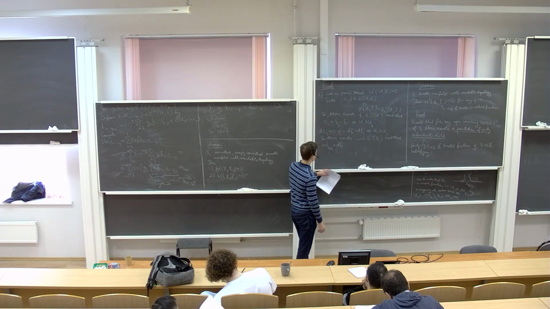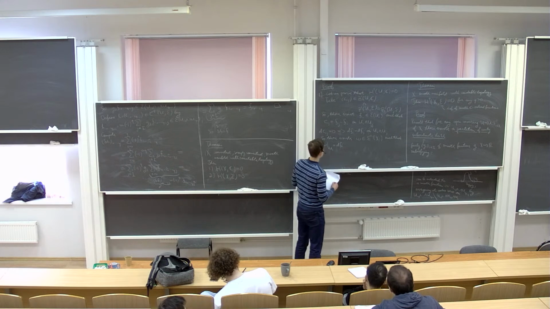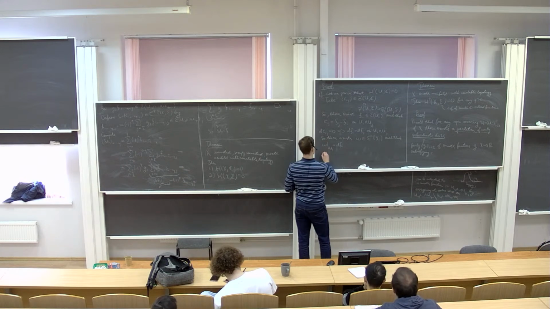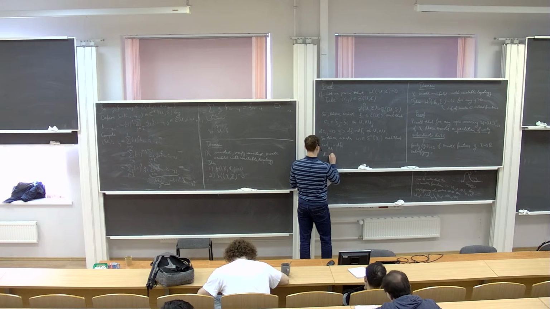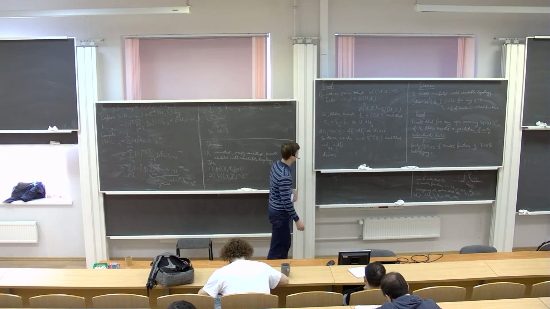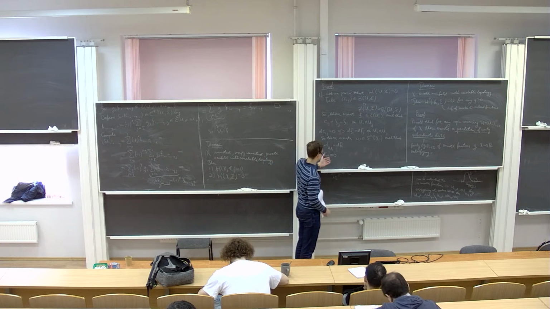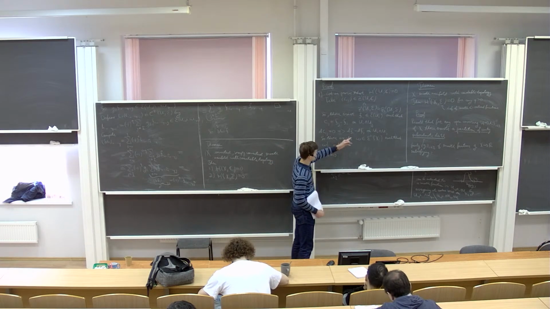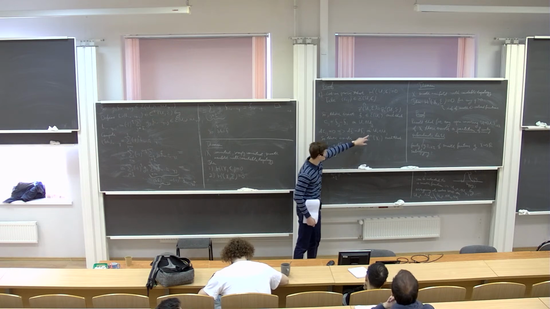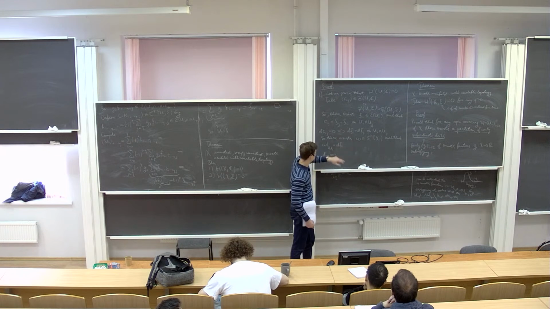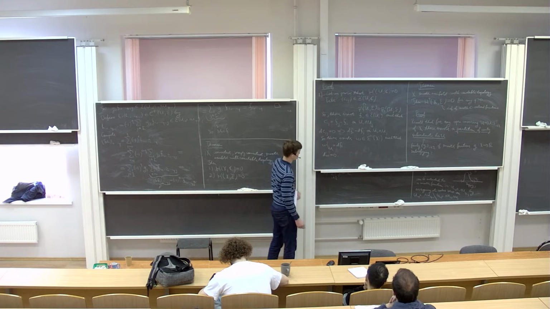But then clearly d omega, the differential of omega, is equal to 0, because if we restrict d omega to U_i, then omega is d f_i, and d of d is equal to 0.